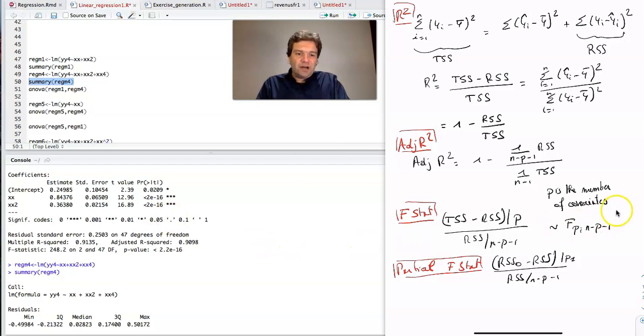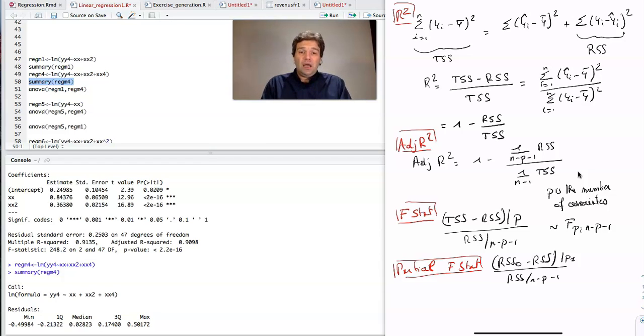Because of this formula for the adjusted R square, we can imagine a process to construct a model. A process where we say, okay, we're going to begin with one covariate, then we insert a second covariate, a third covariate, and so on.